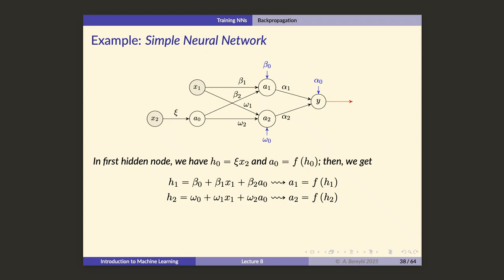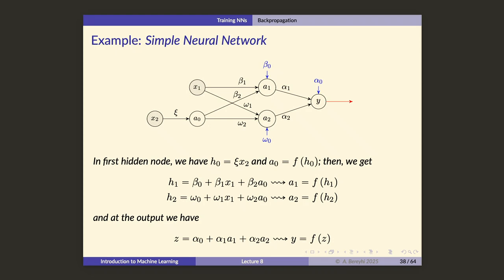Then at A1 and A2, those hidden neurons, I am going to compute H1 and H2, which are a linear combination of their inputs. And then out of that, I am going to activate them, which is going to give me A1 and A2. Again, at the output, I am going to do the same thing. So I get A1 and A2 out of those neurons. And I'm going to do first the linear combination, and then the activation.